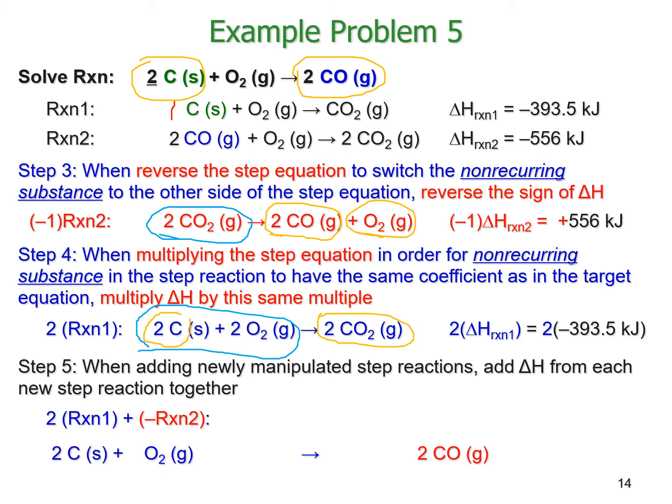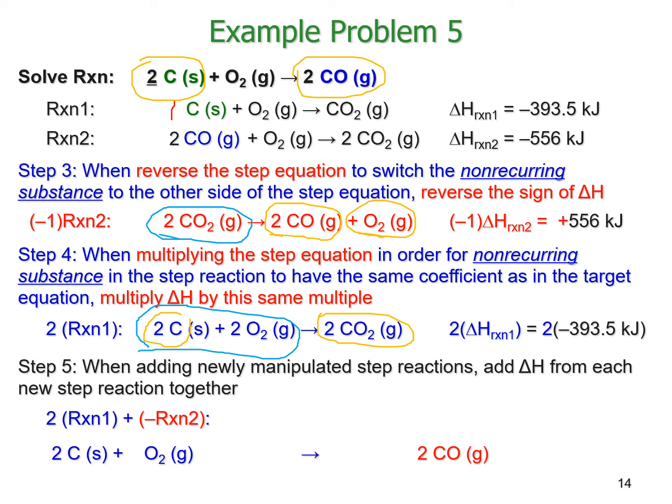So by adding these 2 manipulated step reactions together to see whether we wind up with our target equation, we know for sure whether our manipulation is correct. In this example, we find out it is correct.